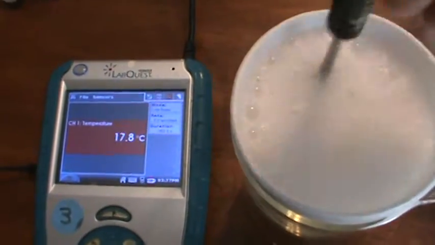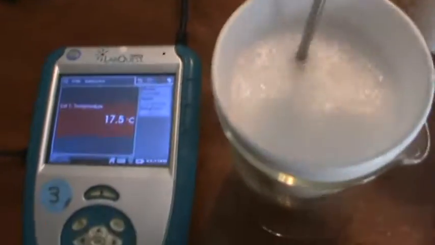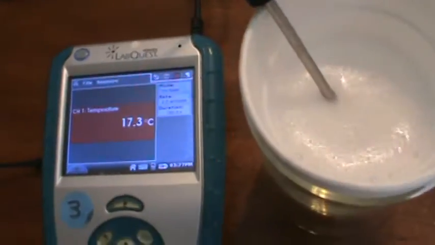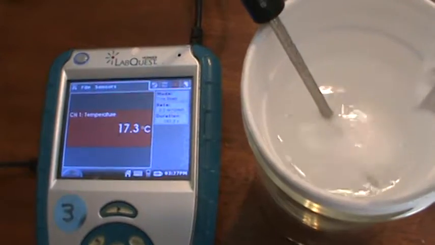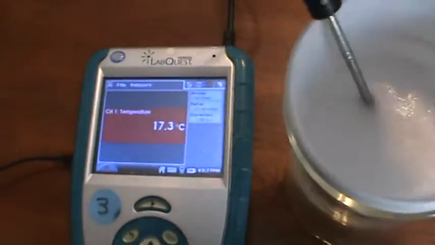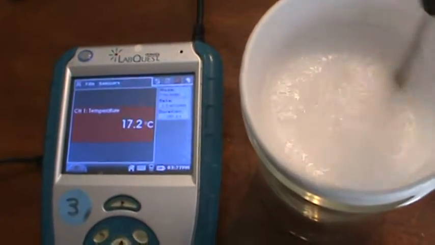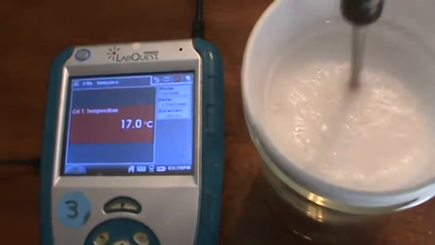Oh, now I can see, I added a little bit more there, and very nice and vigorous reaction, and I can see that my temperature is really starting to come down. And basically, again, just to review, that means that the reaction between the vinegar and the baking soda is pulling heat from the water that the vinegar is in.